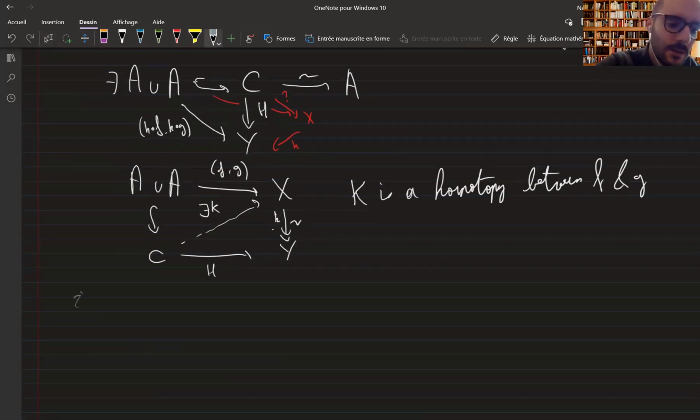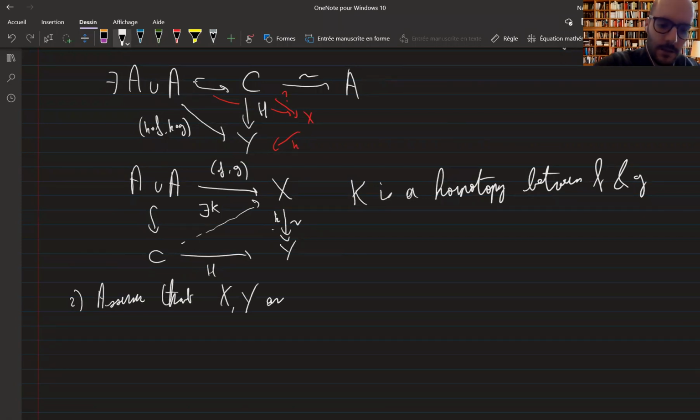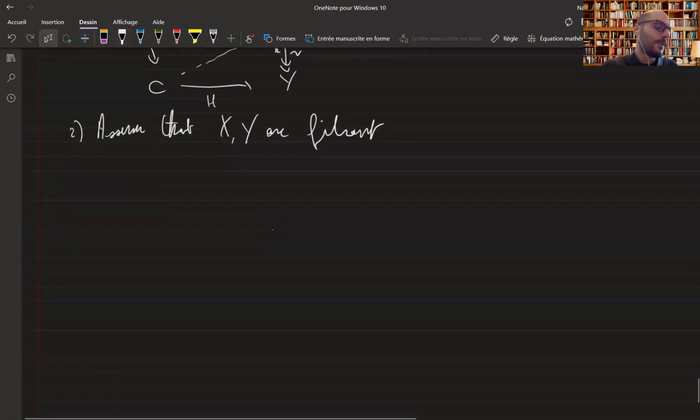All right, so now assume that X, Y are fibrant. So we will have a kind of complicated diagram.